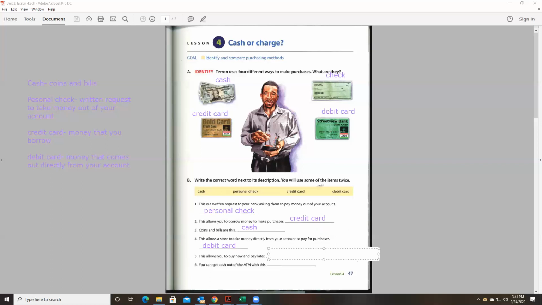Okay, again, this is a credit card. Buy now, pay later. Number 6, you can get cash out of the ATM with this. Okay, with a debit card.